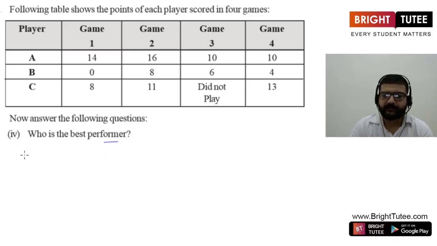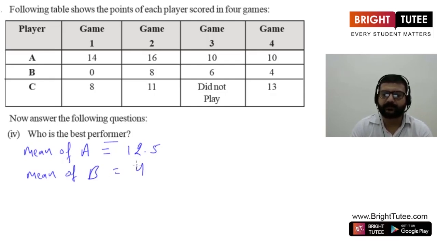Now as we have seen, the mean score of player A was equal to 12.5 points, and the mean of player B, we have just seen it was equal to 4.5, and the mean of player C, we can find it now.